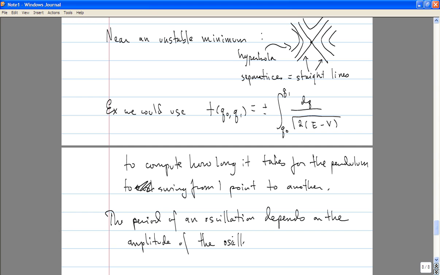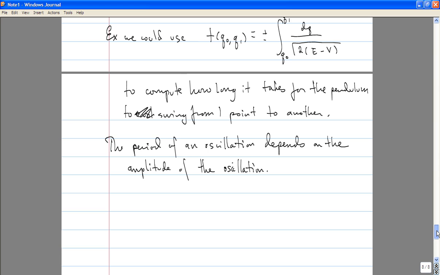That's why, even if you keep winding a grandfather clock, it will eventually go out of time, because the excitation of the pendulum around the stable minimum is very close to a simple harmonic oscillator, but it's not exactly a simple harmonic oscillator. And so the period of the pendulum, which is what the clock uses to keep time, actually changes as the pendulum winds down and the amplitude decreases.